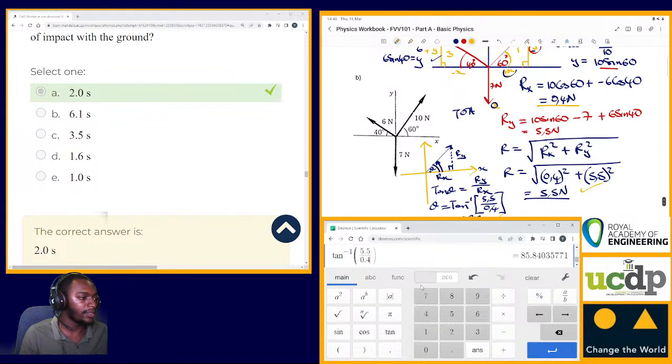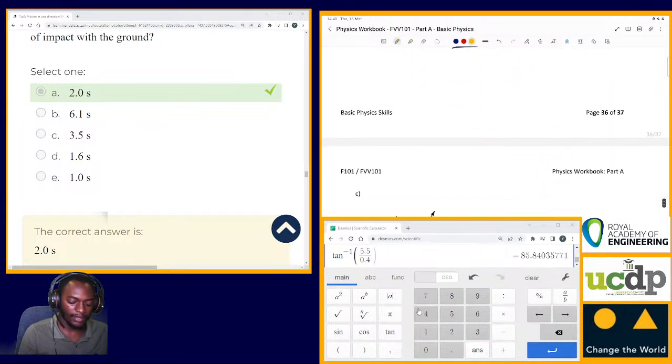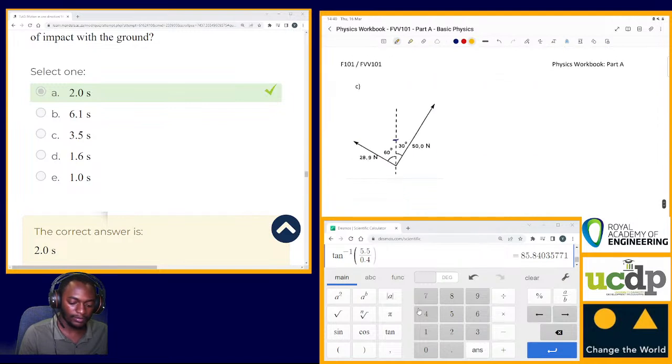All right, could there be any questions? All right, so I'll do the last one, part C. Just to add to your understanding, right?